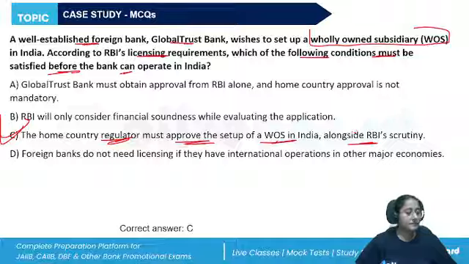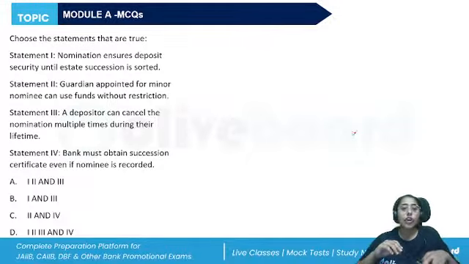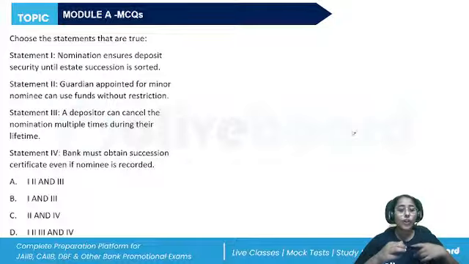All right, okay. Choose the statements that are true. Nomination ensures deposit security until estate succession is sorted. Guardian appointed for minor nominee can use funds without restriction. A depositor can cancel the nomination multiple times during their lifetime, and a bank must obtain succession certificate even if nominee is recorded.